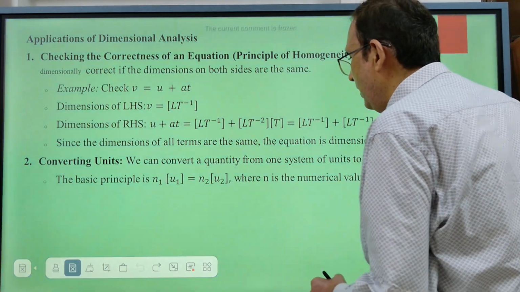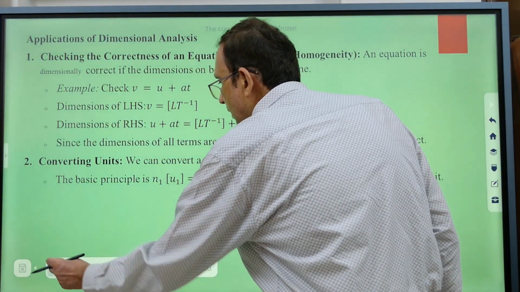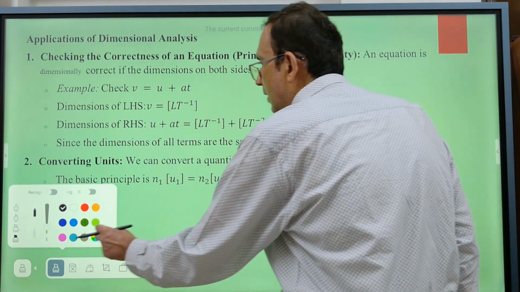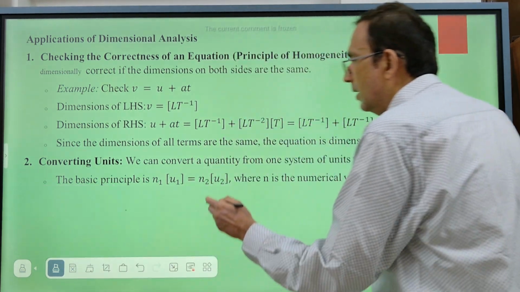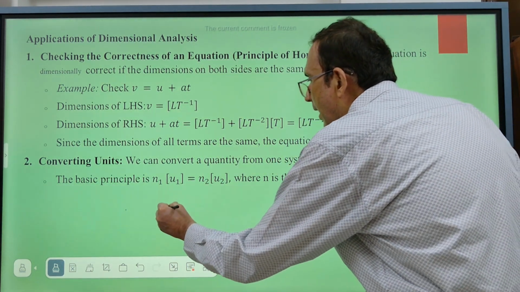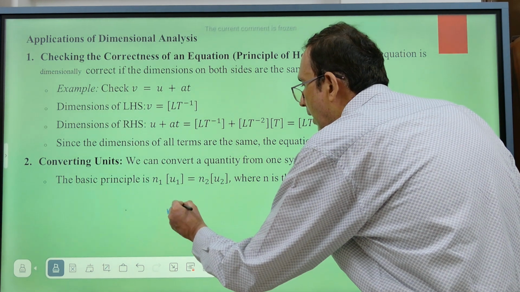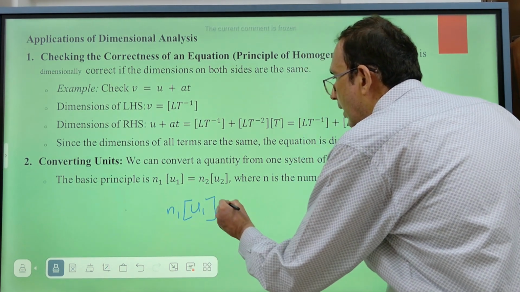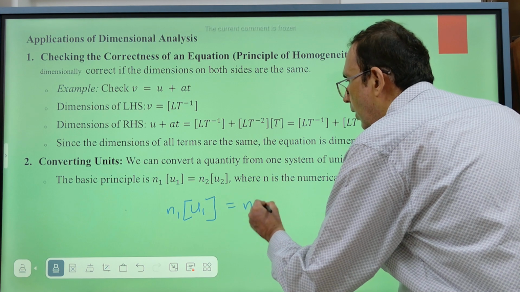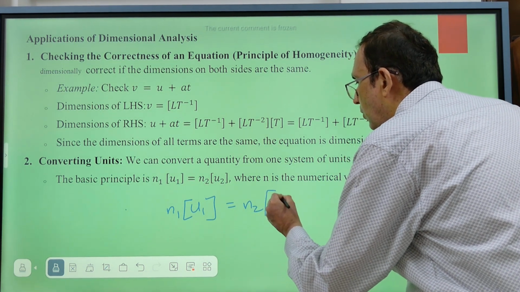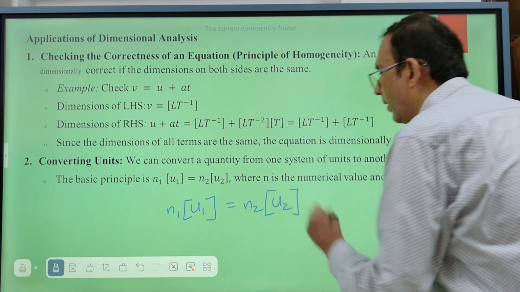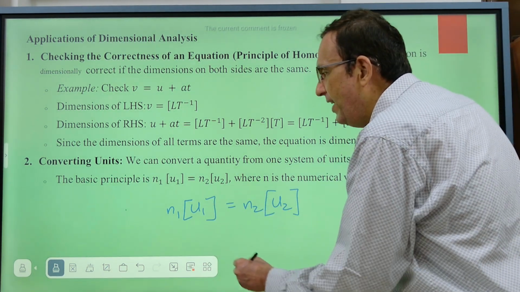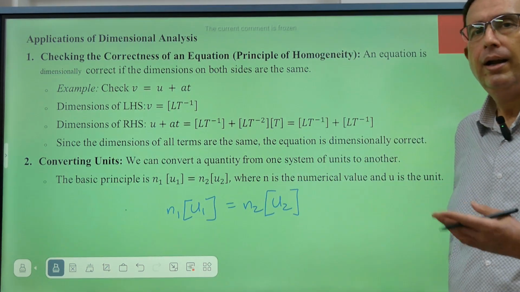So we have this equation here: n1 u1 is equal to n2 u2. Okay? So u1 is kg and n1 is, let us say, 10.